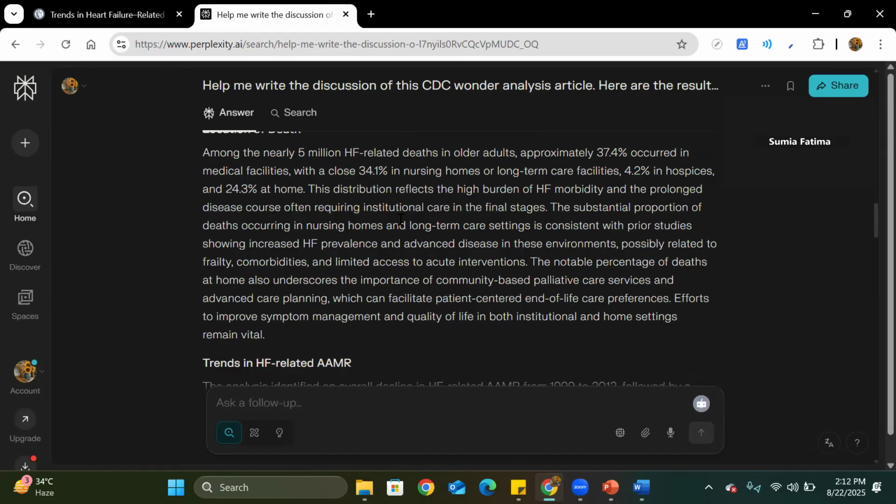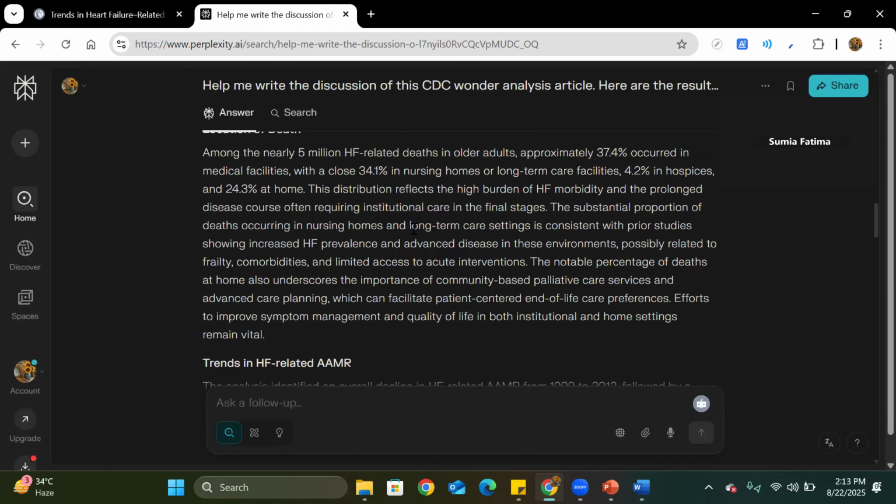Or if some procedure was introduced, like some new kind of CABG or laparoscopic techniques, I can write better in that way. So it's better to spend one day, or I suggest a week, doing a proper comprehensive literature review as much as you can on your article. This will save you months of effort, okay?